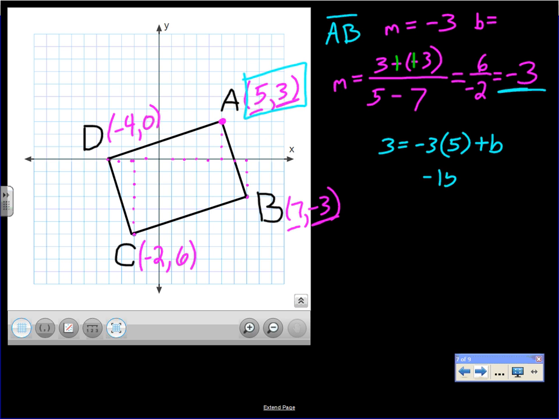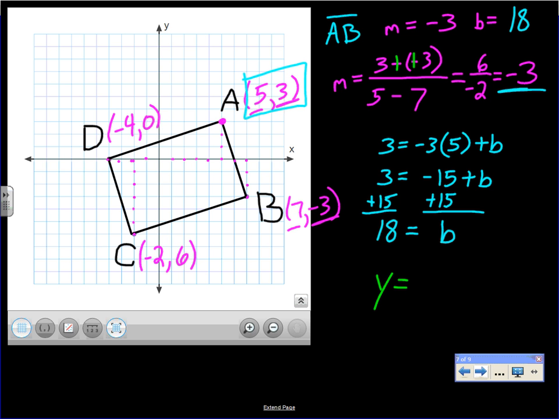So we get -15 plus b is equal to 3. And to get b by itself, we're going to add 15 to both sides. So b is equal to 18. And we can write that equation. Y is equal to negative 3x, and this y-intercept is a positive 18. Negative 3x plus 18.